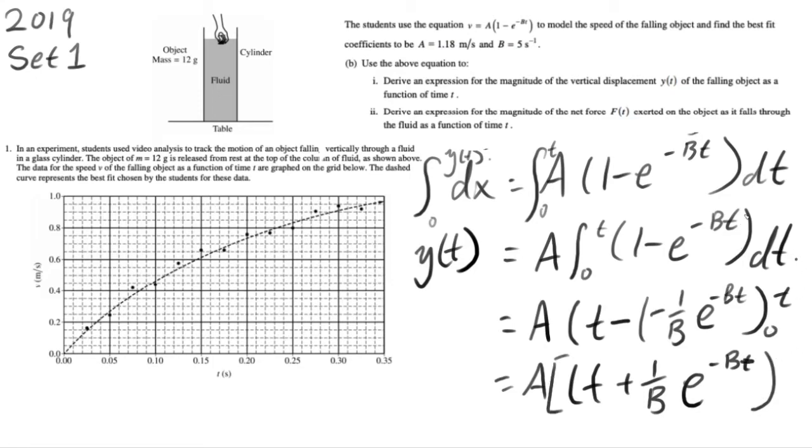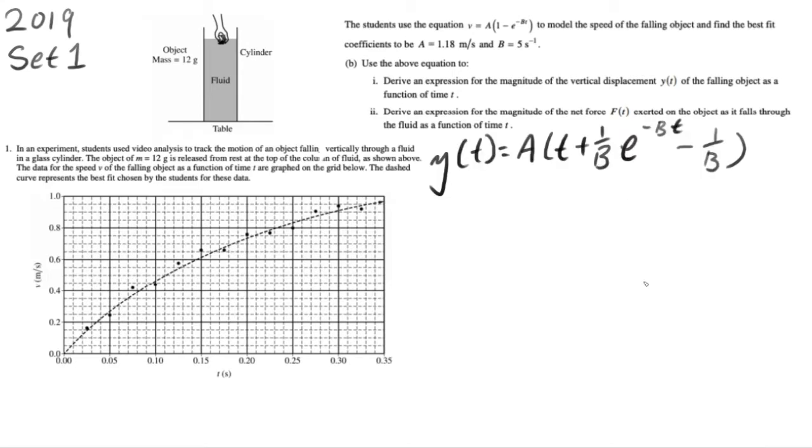And then when t equals 0, it's minus 1 over b. This is a bit cramped, but when you have the actual test, you'll get more paper to write things out clearly and all on one line. So now I have the equation for y of t.